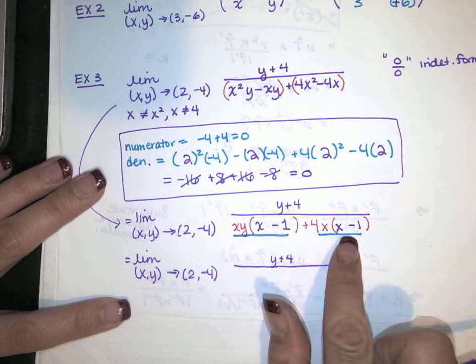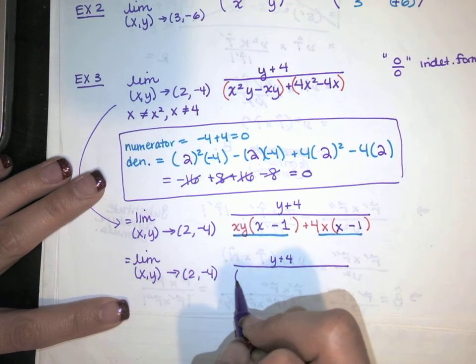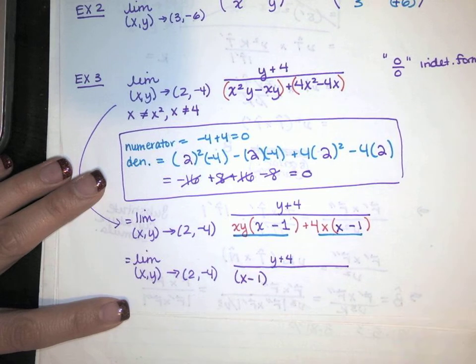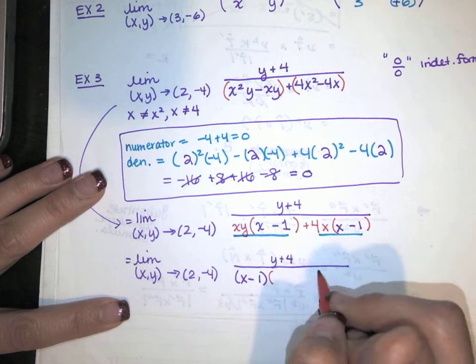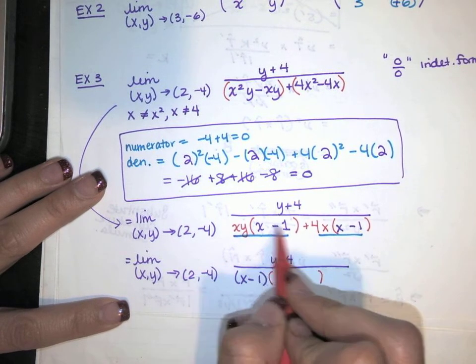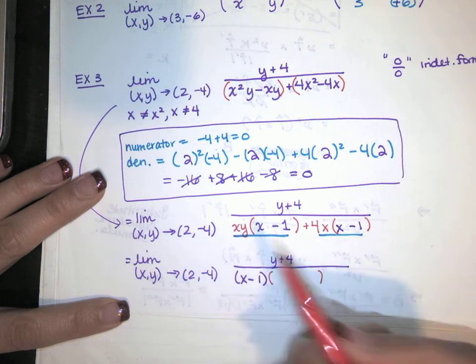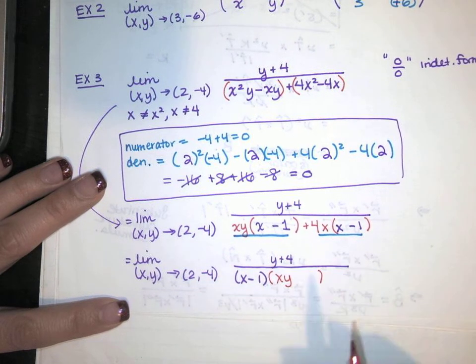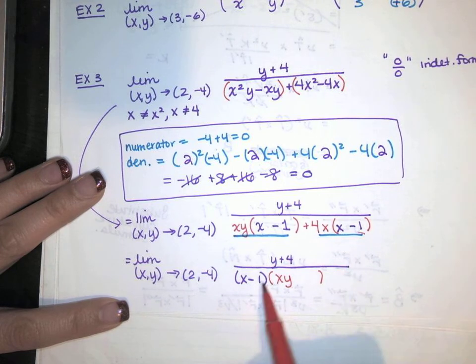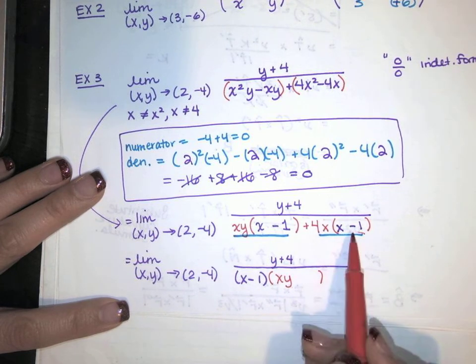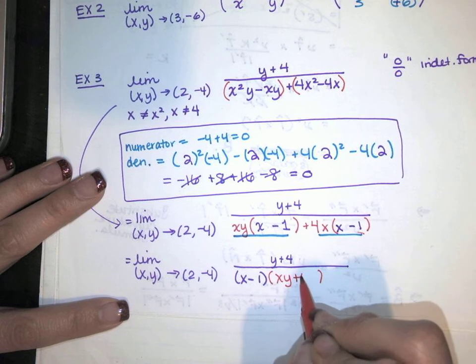And down here, I have an x minus 1 in common. So I'm going to take that out. And I ask myself again, x minus 1 times what gives me the first group? Well, I took out the x minus 1. What was left is the xy. And then I say to myself, x minus 1 times what gives me the second group? Well, the only thing that's missing is the 4x.